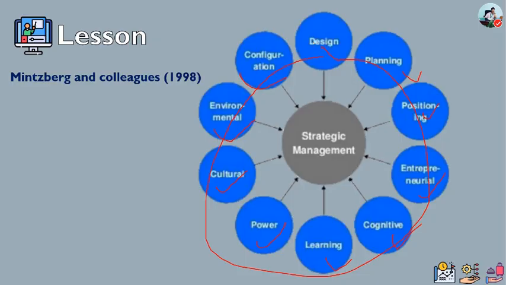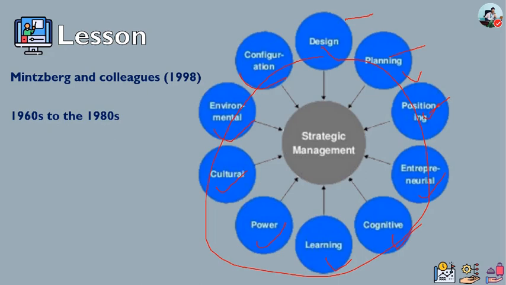As Mintzberg and his colleagues explained, the first three schools are more prescriptive. These three: design, planning, and positioning, with emphasis on the strategy formation that developed from the 1960s to the 1980s.